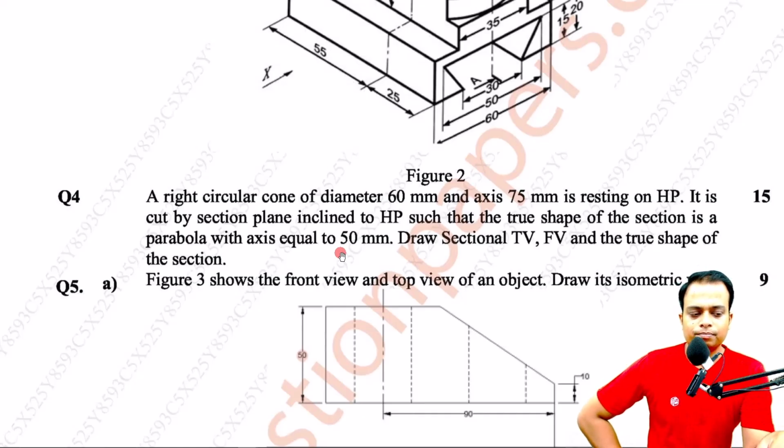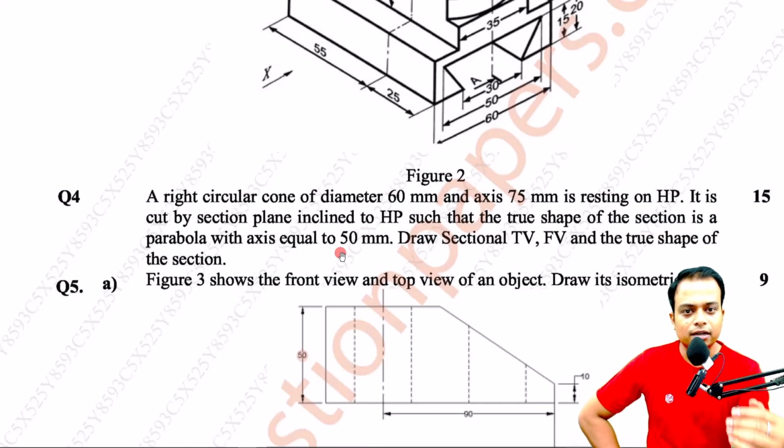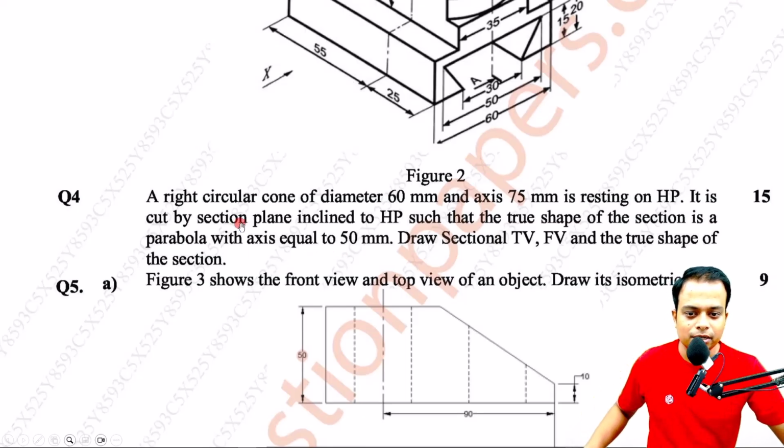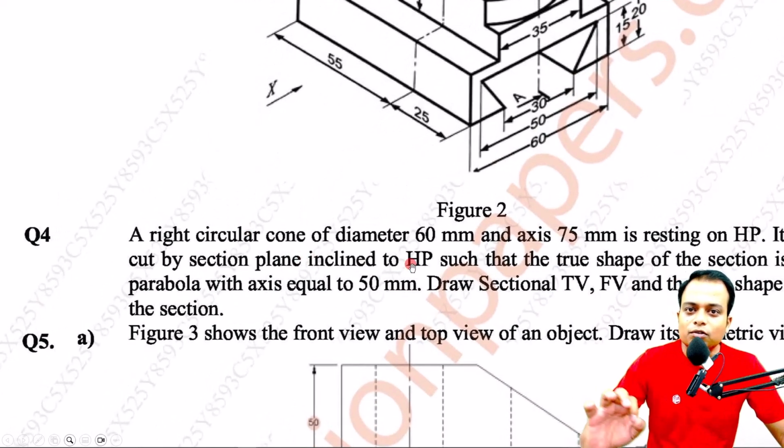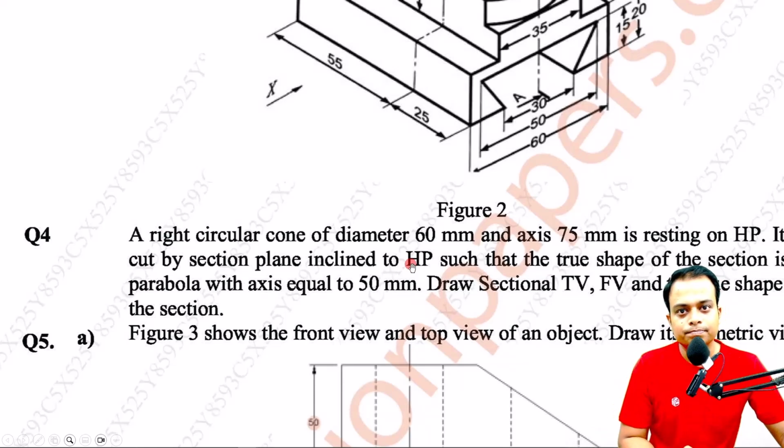Wonderful. Till now, the questions that we've attempted from this topic of section of solids have been framed in such a way that a cutting plane's location, or a section plane's location, was given to you, and you were asked to make the corresponding true shape. Here, it is slightly different. As you can see, nowhere has the inclination of the section plane been given.